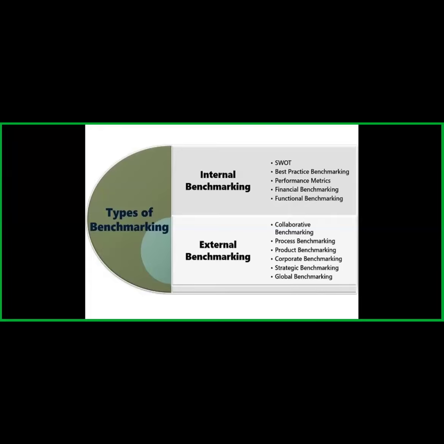Everything is measured, everything is written on a piece of paper, calculations are done, analysis is done, and that particular benchmarking is called SWOT analysis benchmarking. Very simple. Next one is best practice benchmarking.